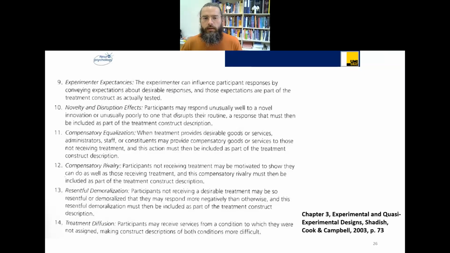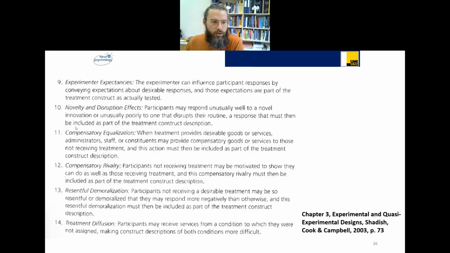If you're running a validation study, an efficacy study there, you may see that the staff, realizing that some participants got the best equipment, are then nicer and give more attention, trying to compensate for the disadvantage given to the other group. And this kind of perception may invalidate all of your results.